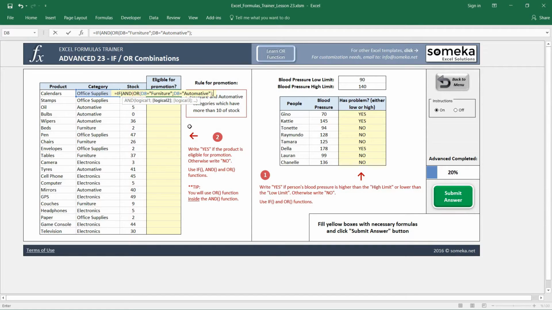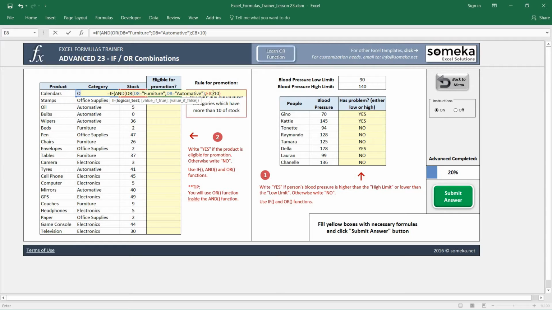The second comparison for AND is this stock is bigger than 10. Now I also close my AND function. You see, in the AND function, we have a category check and a stock check. In the category check, we use the OR function to see if this is furniture or automotive.